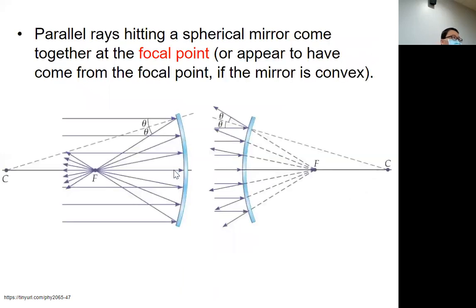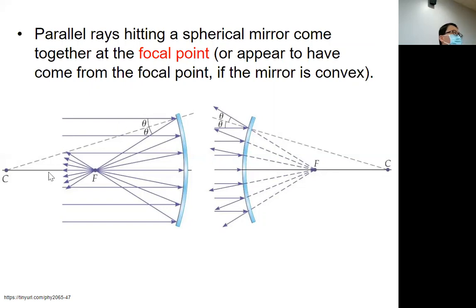With that, you apply the law of reflection for a ray or several rays. In this case, parallel rays hit the mirror here and get reflected backwards. According to the law of reflection, this is the normal direction, a line connecting the center of curvature to the point on the sphere. So those 2 angles will be the same.